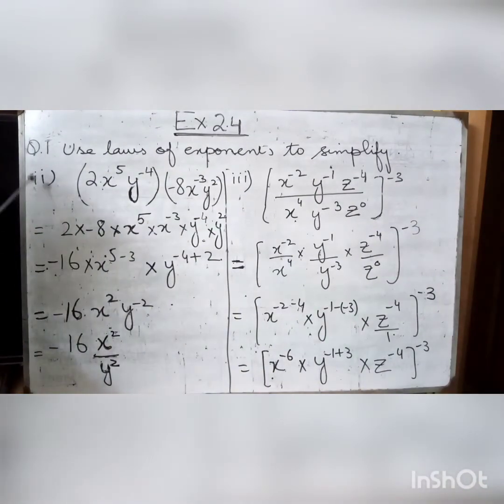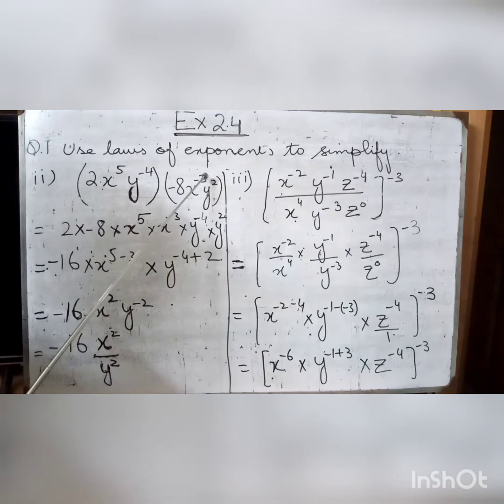Question 1, second part. 2x raised to power 5, y raised to power minus 4, into minus 8, x raised to power minus 3, y raised to power 2. After simplification, 2 multiplied by minus 8 into x raised to power 5, x raised to power minus 3, y raised to power minus 4, y raised to power 2.